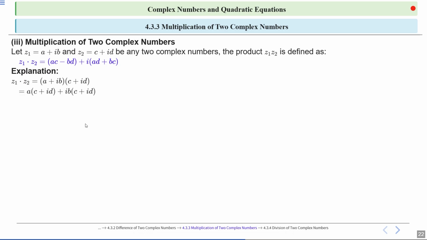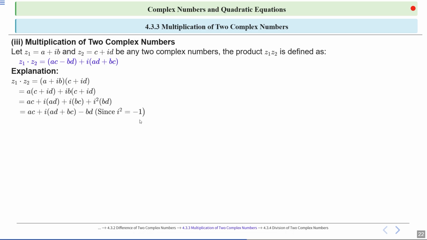Expanding this, we get a times c plus iota times d plus iota b times c plus iota times d. Now let's multiply out each term and it will give us a times c plus iota times a times d plus iota times b times c plus iota square times b times d.